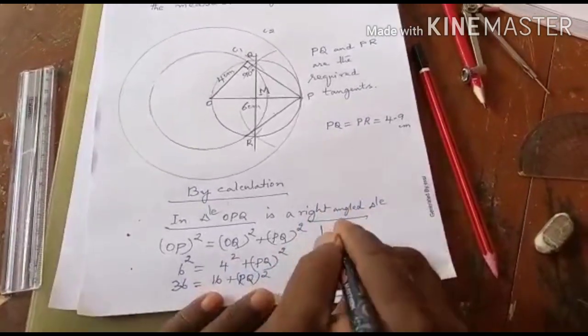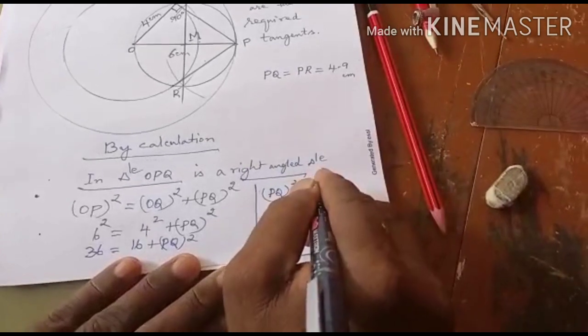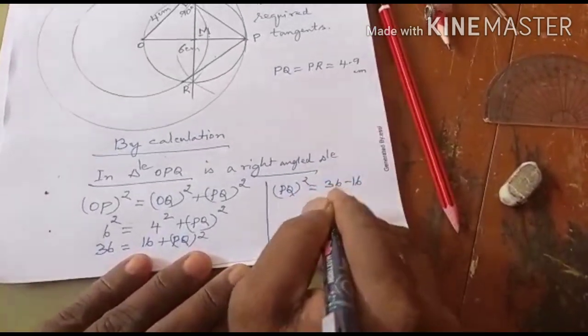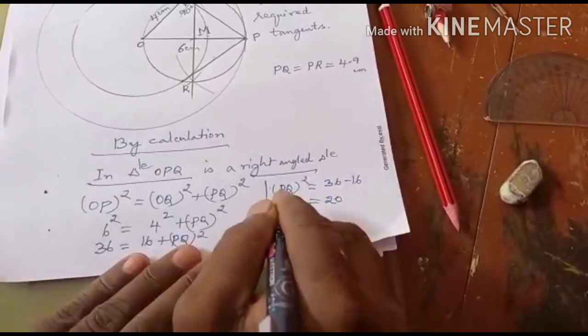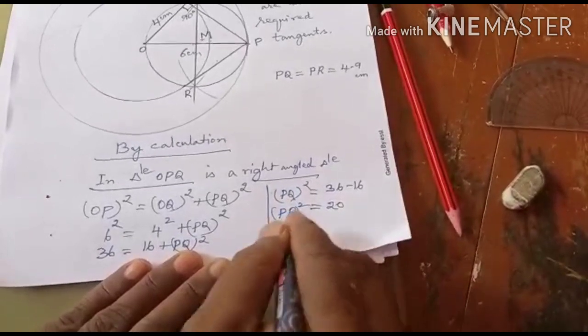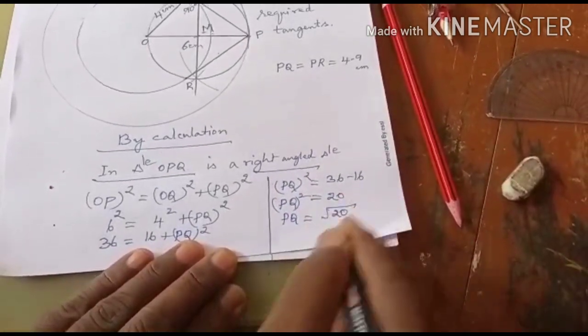Therefore, PQ square is equal to 36 minus 16, which is 20. So PQ is square root of 20.